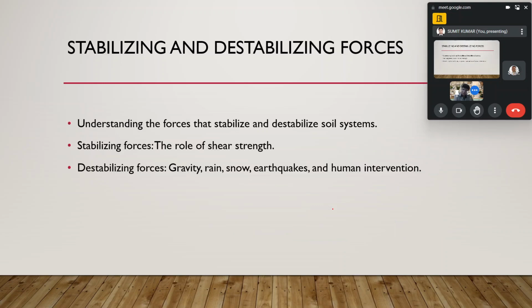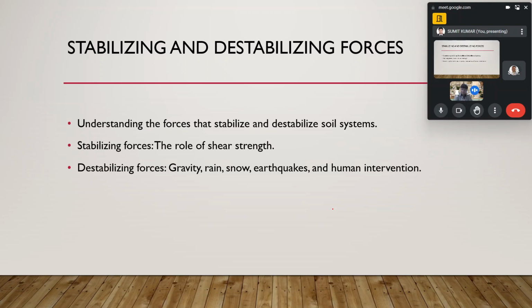Okay. Now, stabilizing and destabilizing forces. On this slide we go backward and understand the concepts of active and passive earth pressure. Understanding the forces that stabilize and destabilize soil is very important. The stabilizing force is the shear strength.